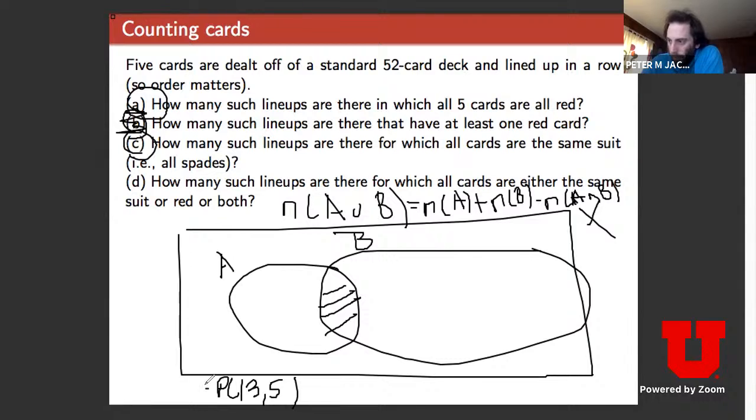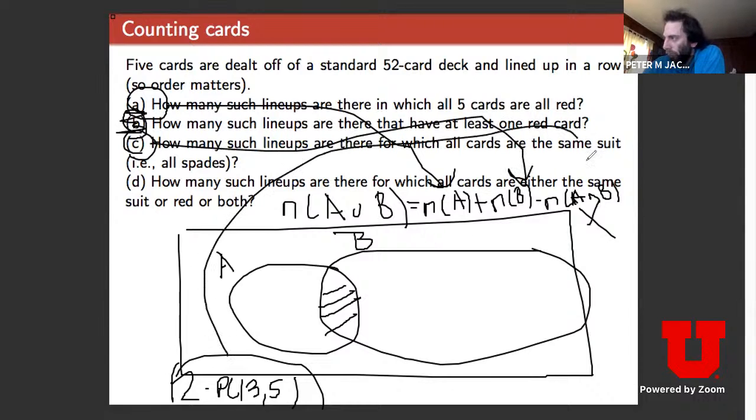And then there's some other suit that's red, maybe it's the spades. So selecting 5 from that suit would be P 13, 5. And so the size of the intersection is 2 times P 13, 5. And that's it. So we already did the answer to part A and part C. So part A gives this one, and part C gives this one, and 2 times P 13, 5 gives that. So we have part D.